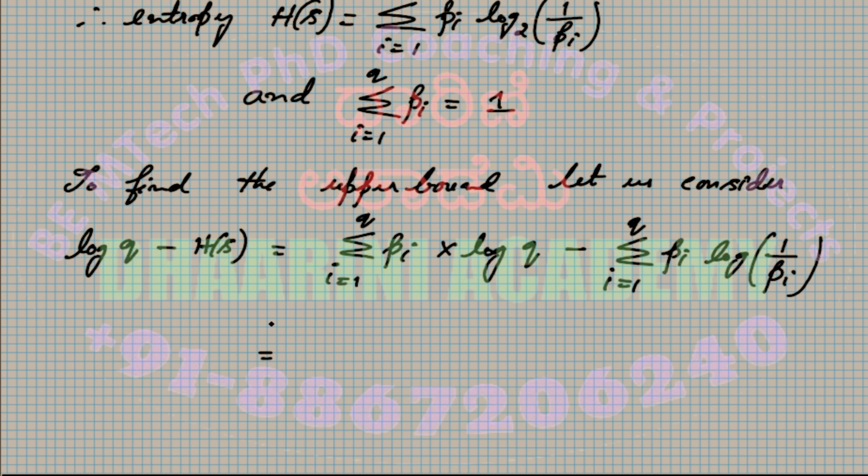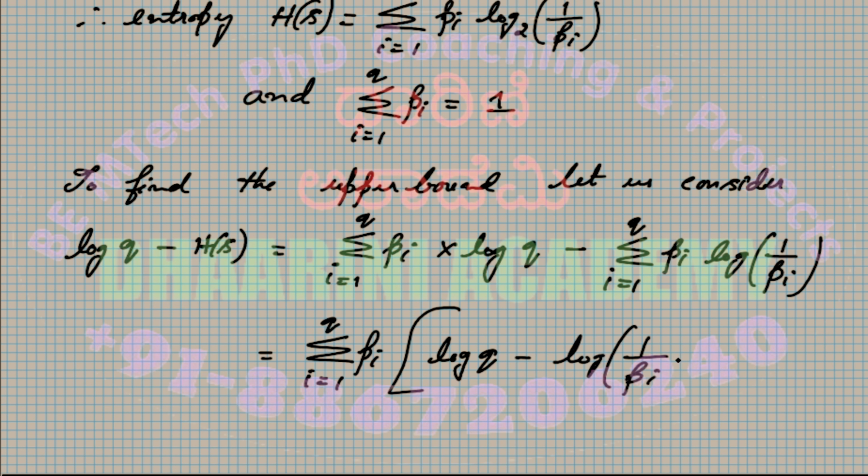I take that common term out: i is equal to 1 to Q, the Pi is common. Once you take it out, what remains is log Q as the first term, and log 1 by Pi as the second term.